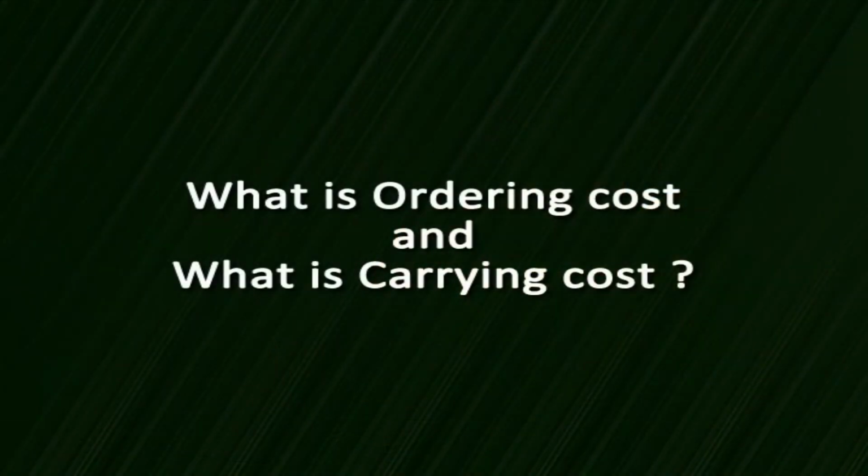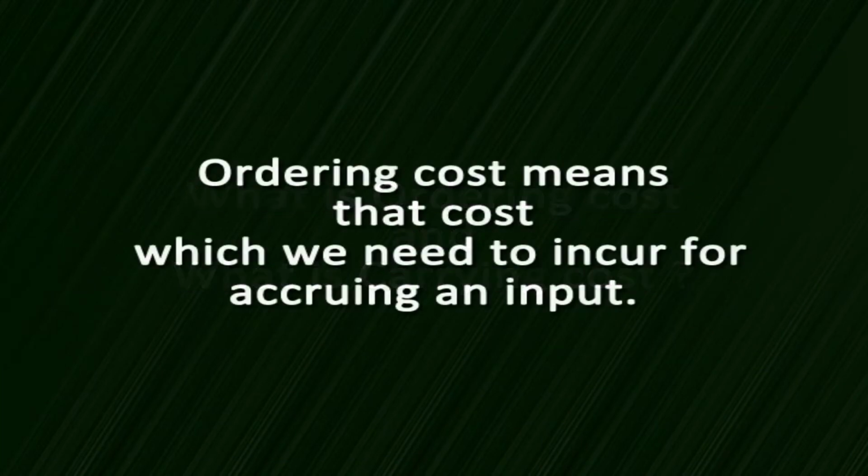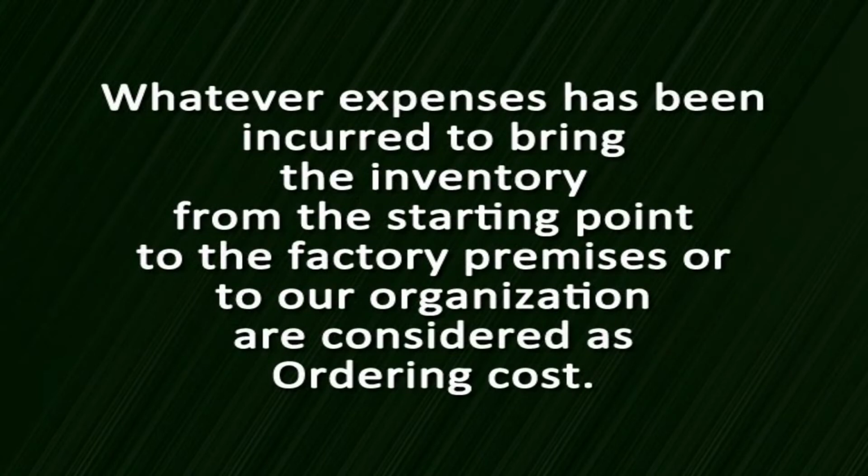Now students, let's learn what is ordering cost and what is carrying cost. Ordering cost means that cost which we need to incur for acquiring an input. What does that mean? It means that whatever expenses have been incurred to bring the inventory from the starting point to the factory premises or to our own organization are considered as ordering cost.